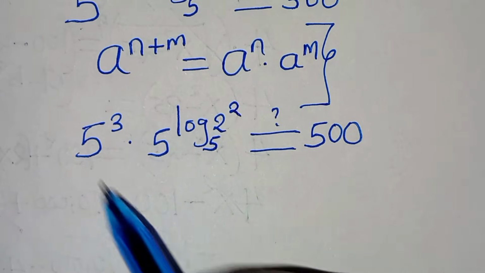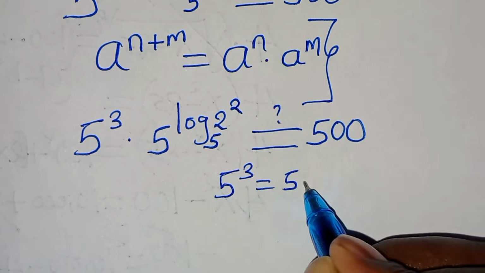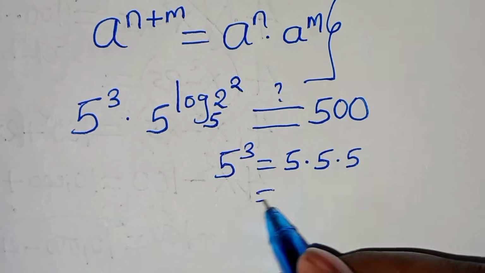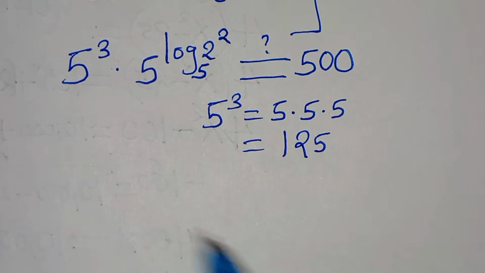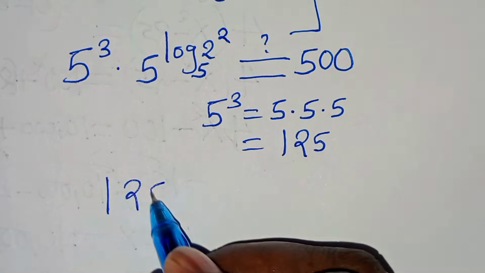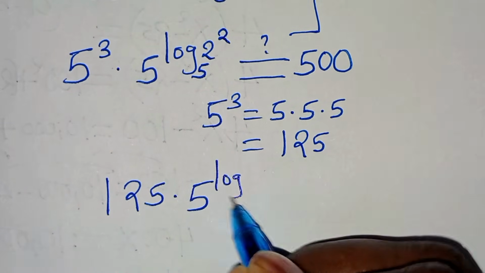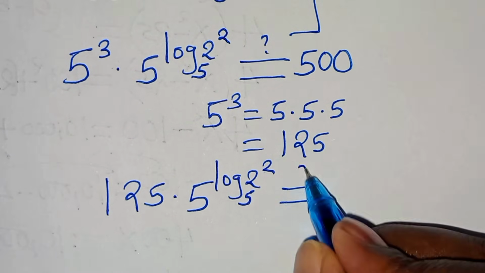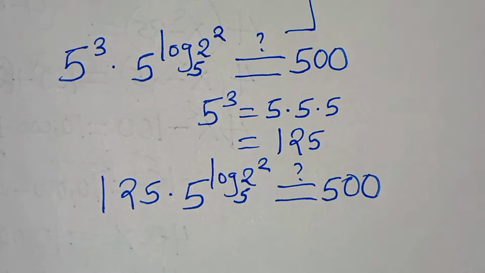So this implies that 5 to the power of 3 is the same thing as 5 times 5 times 5, and this is equal to 125. So we have 125 multiplied by 5 to the power of log 2 squared to base 5, which is supposed to give us 500.